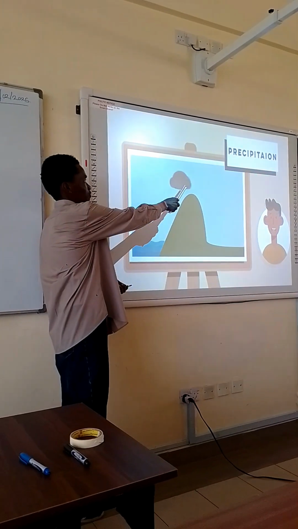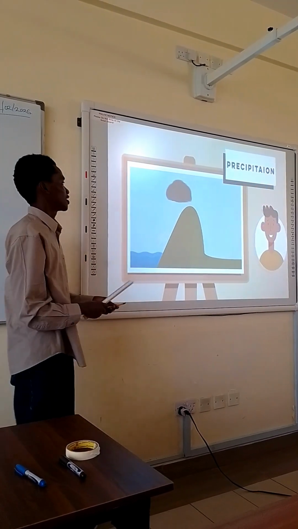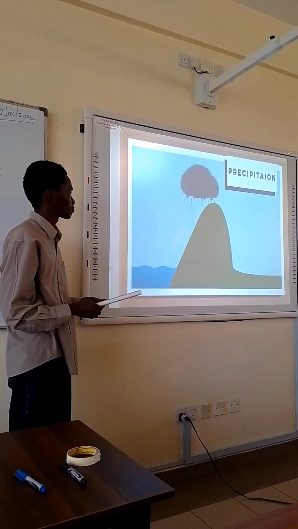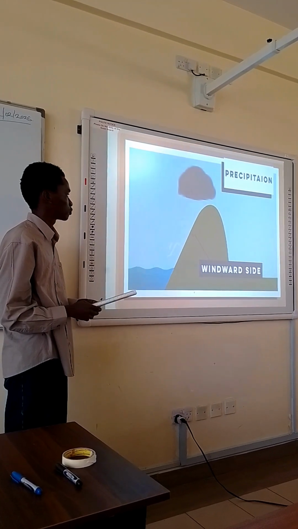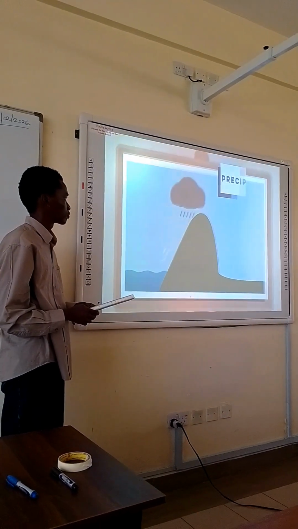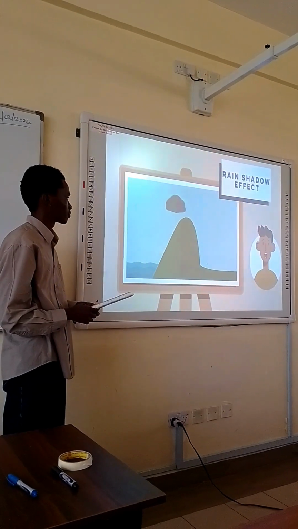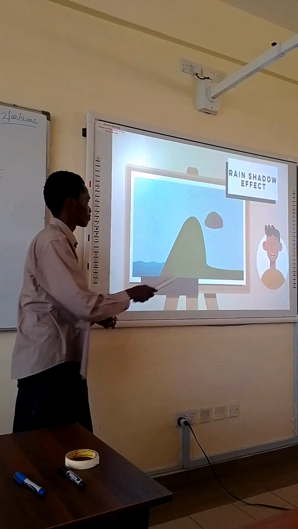When the clouds can no longer hold the condensed water, precipitation occurs. This can be in the form of rain, snow, or sleet, depending on the temperature. The windward side of the mountain, where the air rises, receives the most precipitation. Step 5 is the rain shadow effect. Once the air has passed over the mountain, it descends on the leeward side.